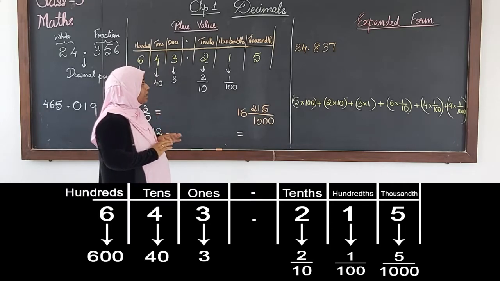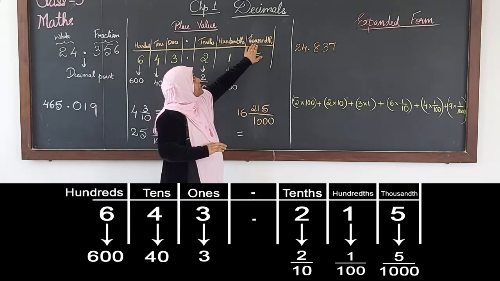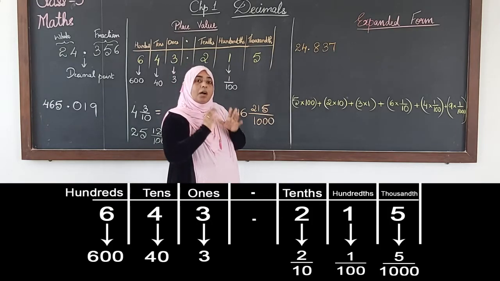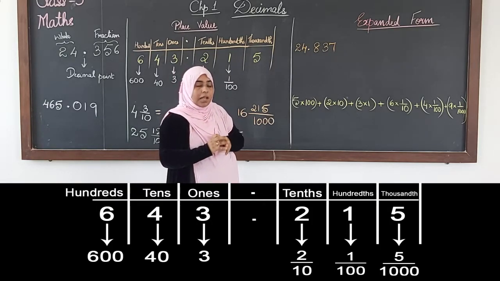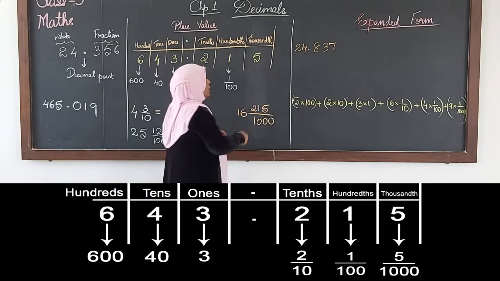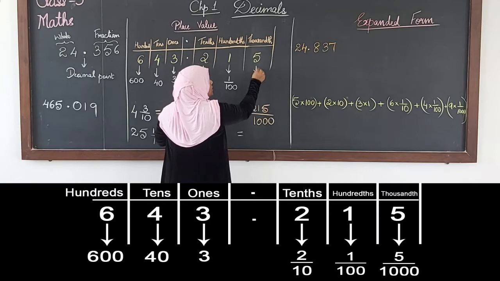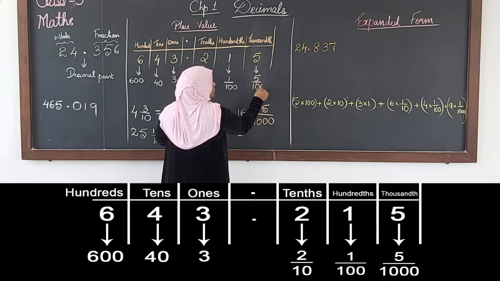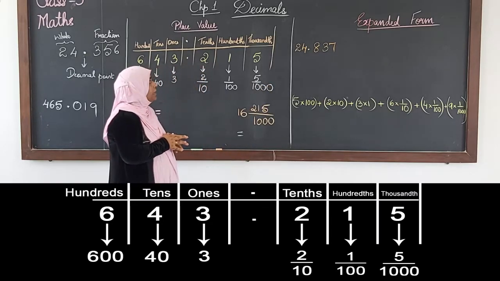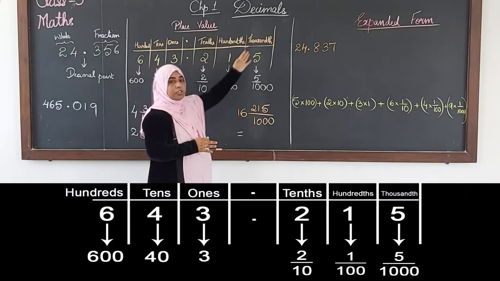Then third place that we have is thousandths. Thousandths place means 1000 equal parts are made and from there we are taking 5 parts. So the place value of this digit will be 5 out of 1000. Understood how we write the place value of the fraction part?